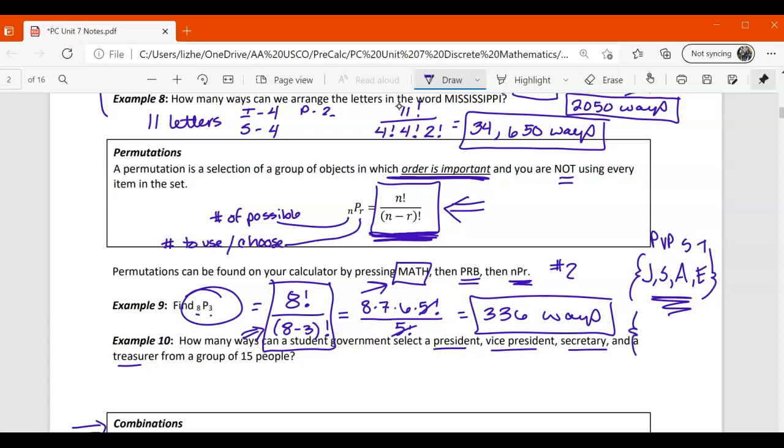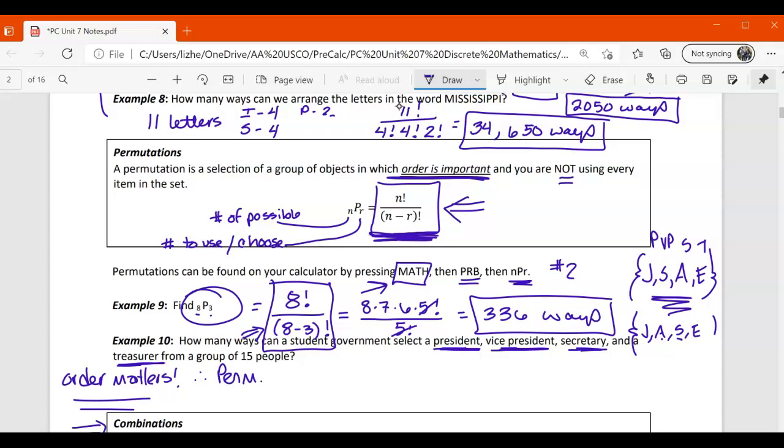Another group using the exact same names could be Joe, Andy, Sam, Ellie, in which case Andy is now VP and Sam is secretary. So the order I come up with for these names counts because there's a difference and we want to know who is who. That's what we mean when we say order matters. The order is important. Therefore, it is a permutation.